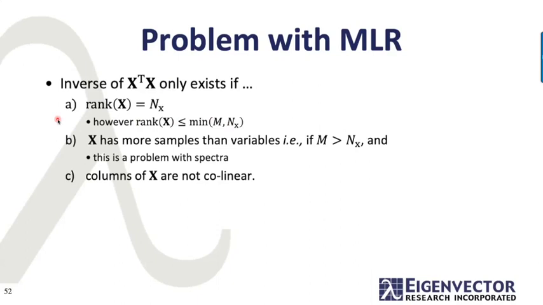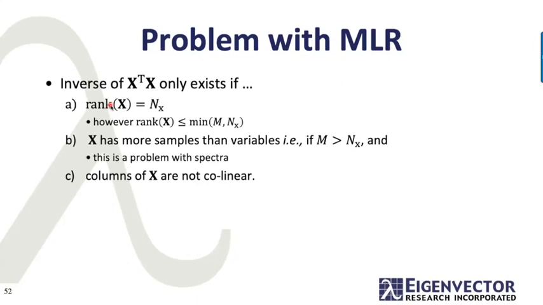So if I have fewer samples than variables, then this is not full rank. And this inverse won't exist. And of course, that happens all the time. In our glucose data set, I have 2,048 variables, channels in my Raman spectra. And I don't have anywhere near that many samples. So this isn't going to work to do multiple linear regression directly.